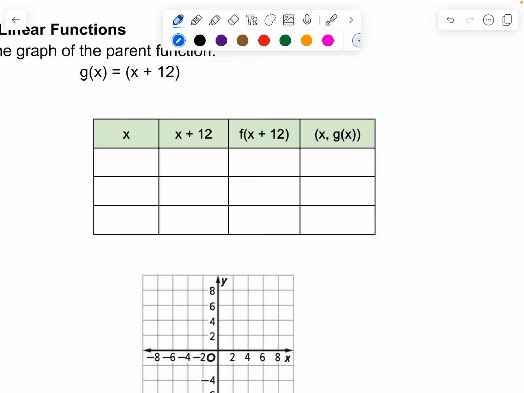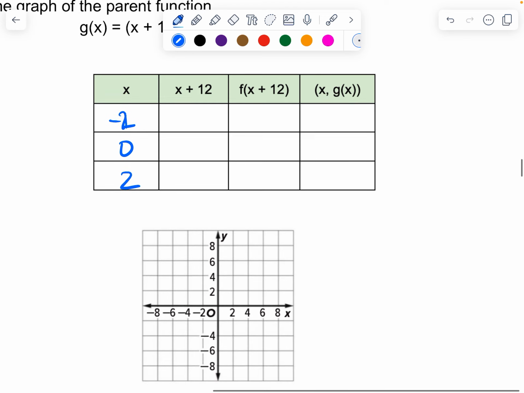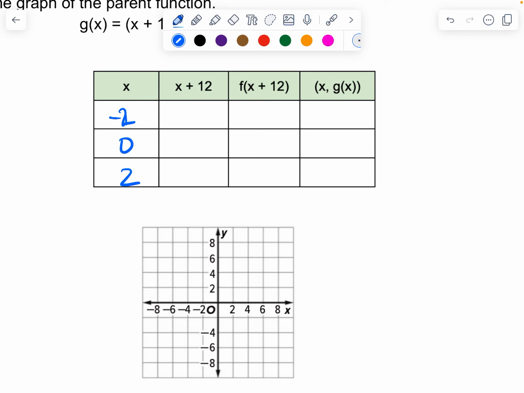Sorry about that. So -1, I'm going to use -2. The reason I'm using this is because these are going up and down by 2s. So why am I using 1s? So this is going to be 10, 12, 14. That's not even on this graph.